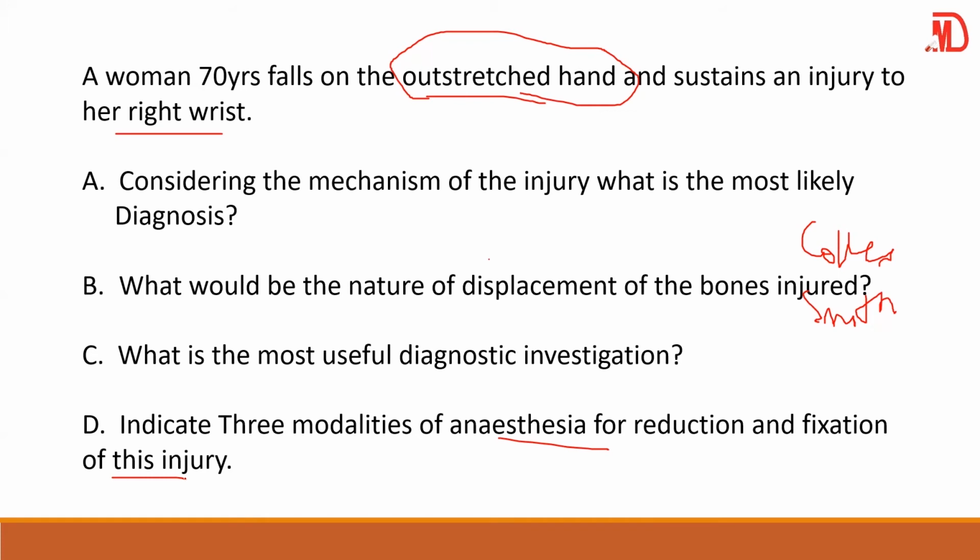So one, we can talk about general anesthesia. You can talk about the axillary block. Then you can talk about intravenous regional anesthesia, also called the Bier block, B-I-E-R. Or simply intravenous regional anesthesia.